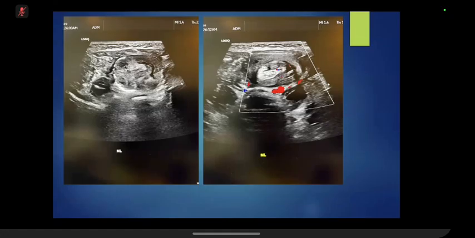In the region of the pelvis, I appreciate telescoping of two bowel loops, one within another, with mesentery and mesenteric vessels also telescoping within. This is giving a targetoid appearance and is likely representative of intussusception.